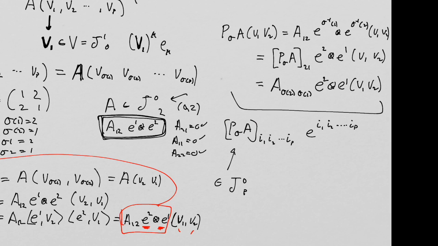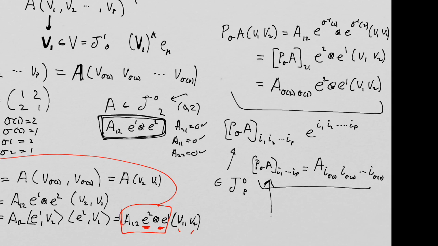Using this logic, we can define that component as P sigma A, I1 to IP, equals the component of A, but now it's I sigma 1, I sigma 2, down to I sigma P. So this is the definition of this tensor through its components.